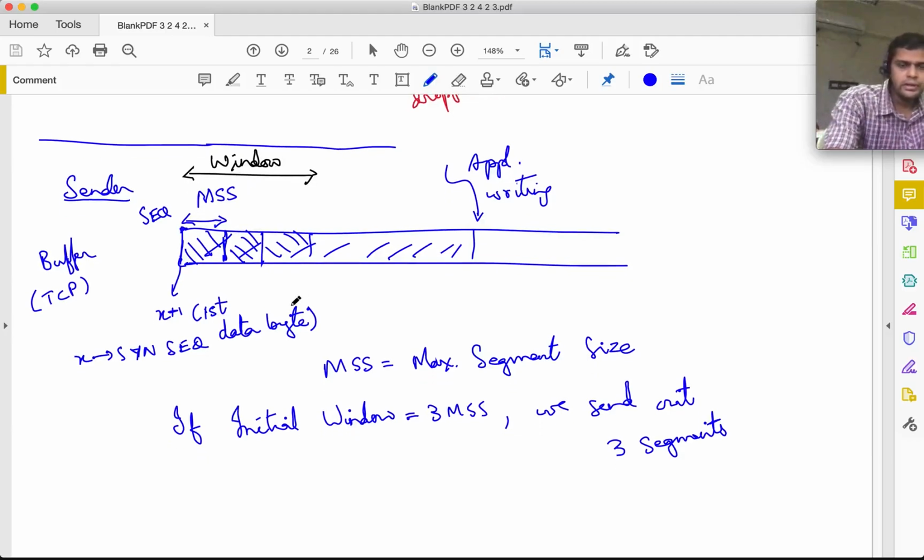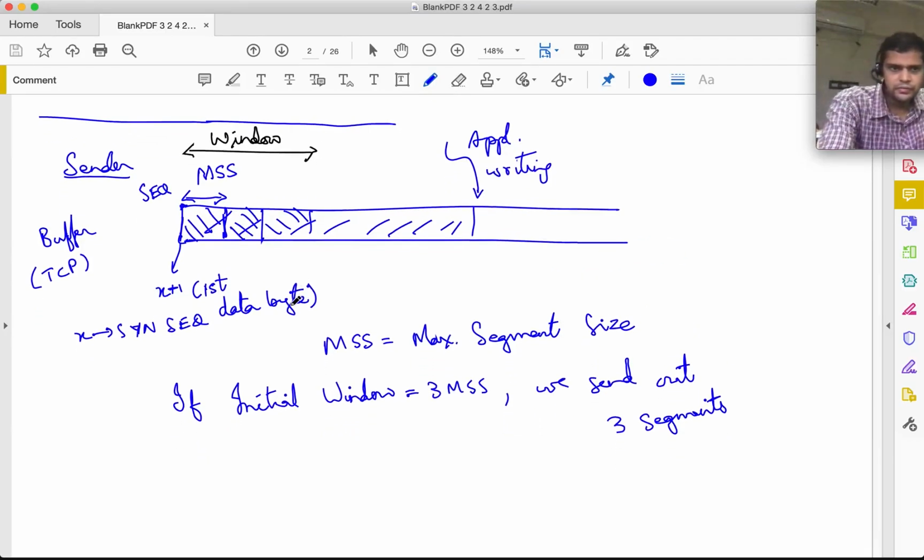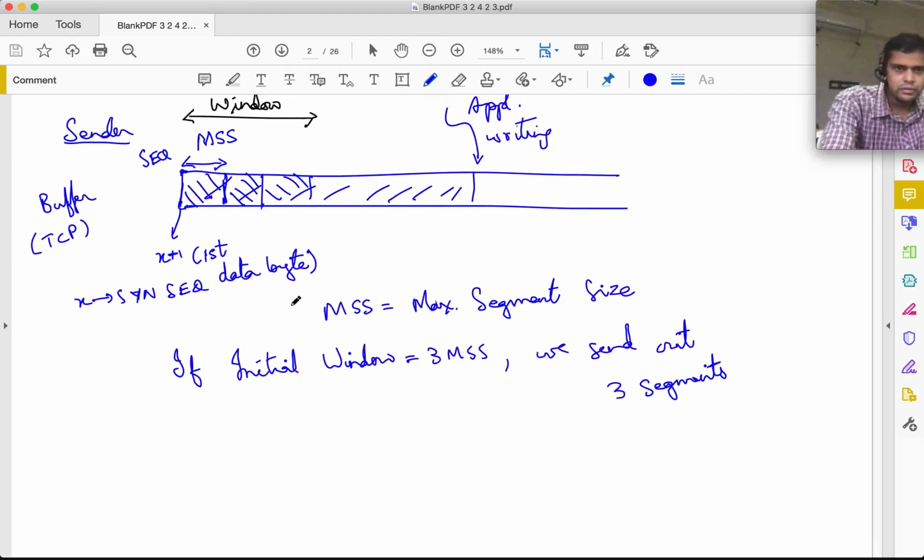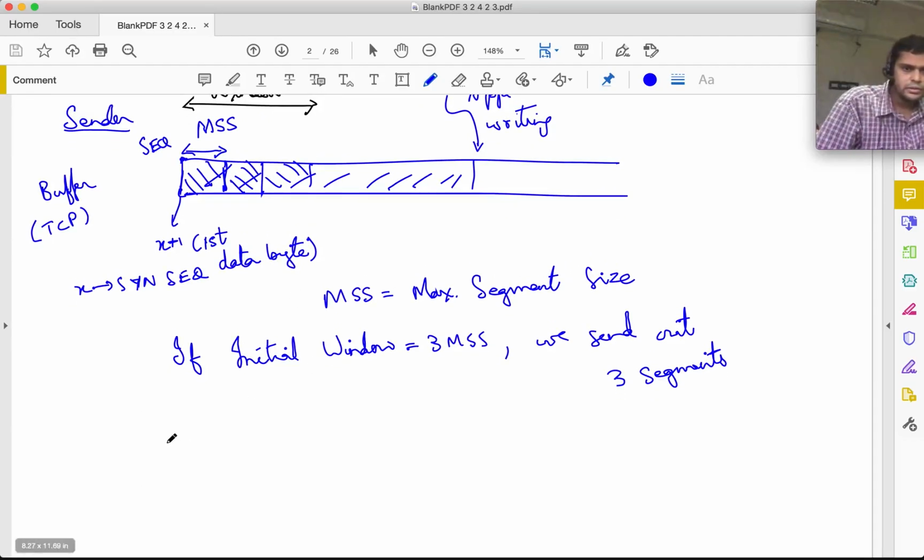So what happens after that? We have to look at the receiver. The receiver initially has its own buffer, and that is empty.